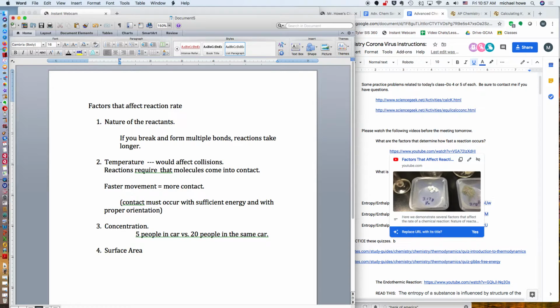And the fifth factor is catalysts. They provide an alternative pathway for a chemical reaction.